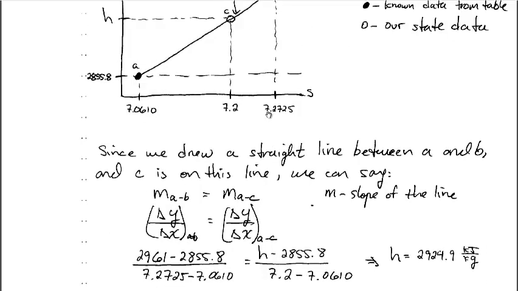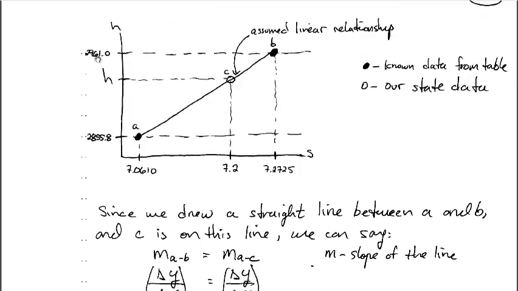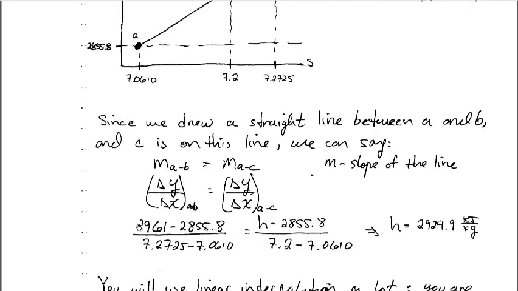So the change in y of AB is 2961 minus 2855.8, and the change in x of AB is 7.2725 minus 7.0610. So that's what I have written here.